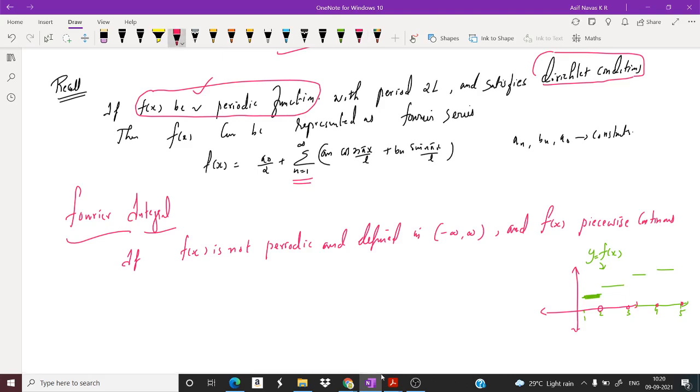And has a derivative at every point. Then f of x has an integral representation.